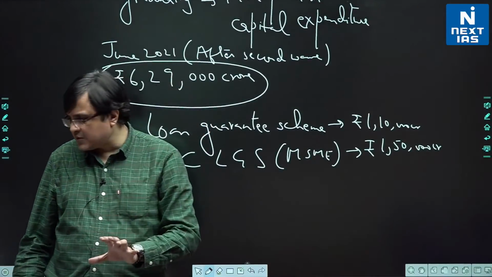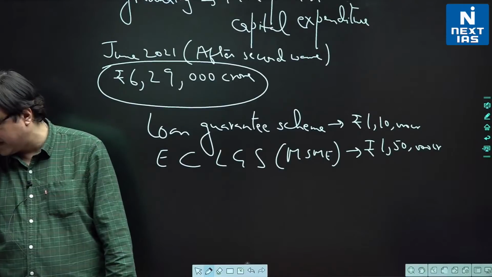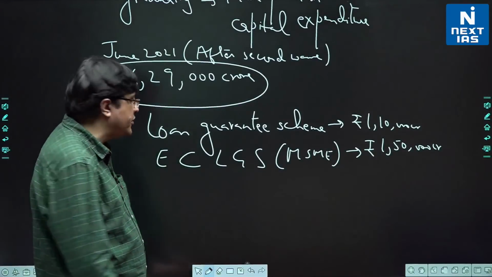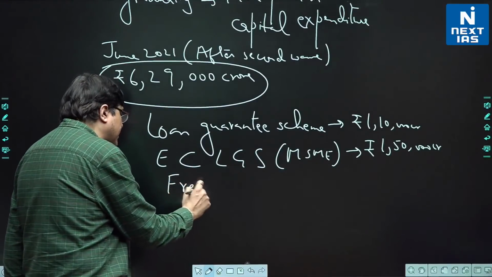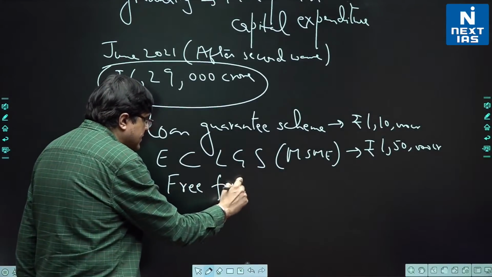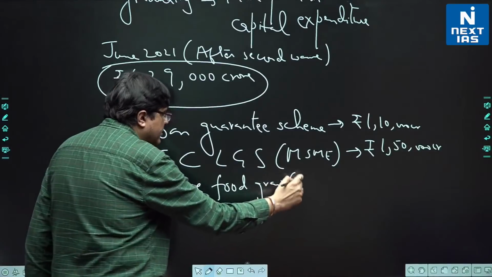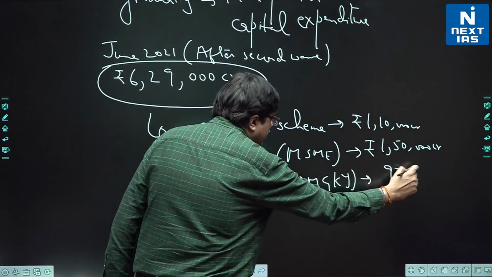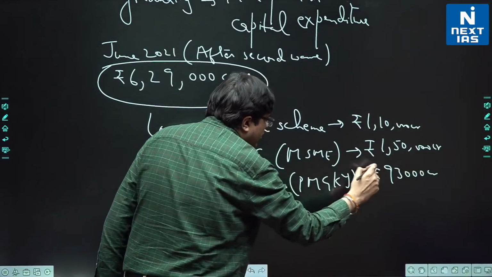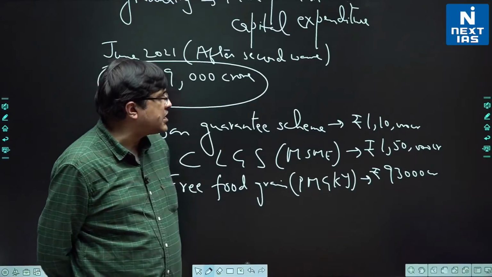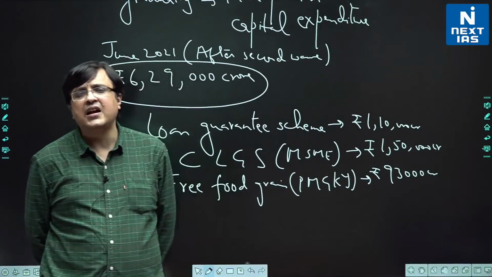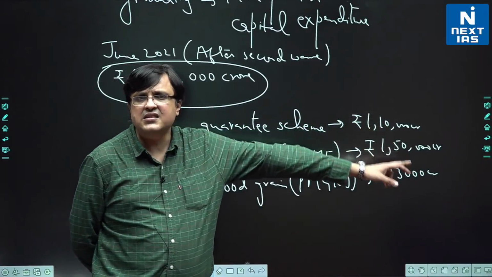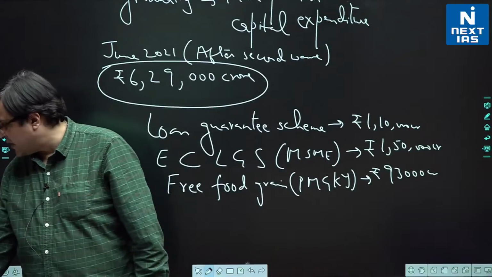Again, from your prelims point of view, these major expenditures that the government did immediately are important. And then the free food grain provision, free food grains under Pradhan Mantri Garib Kalyan Yojana, was another around 93,000 crore. ये थोड़े बहुत ट्रेंड्स याद रख लो, so that अगर प्रीलिम्स में कोई क्वेश्चन आया कि जो पहला पैकेज दिया गया था सेकेंड पैंडेमिक के बाद, उसमें हाईएस्ट शेयर किसका था, सेकेंड हाईएस्ट किसका था, वो ट्रेंड हमें पता होना चाहिए.